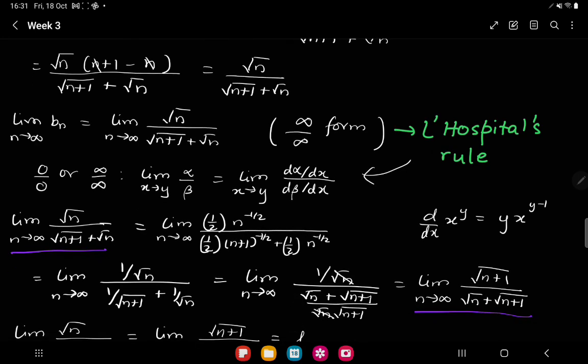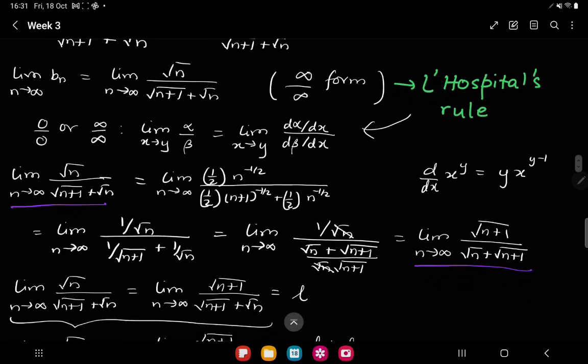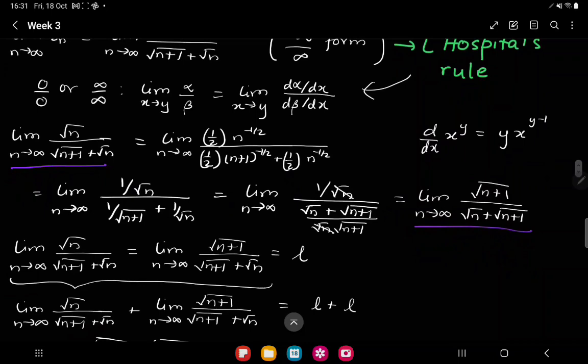Limit x tending to y of alpha over beta, when both alpha and beta tend to either 0 or infinity as x tends to y, is the same as limit x tending to y of d alpha over dx over d beta over dx. So take the derivative of the numerator with respect to the variable and the derivative of the denominator with respect to the variable. You will take that and then plug in the value to find the limit.